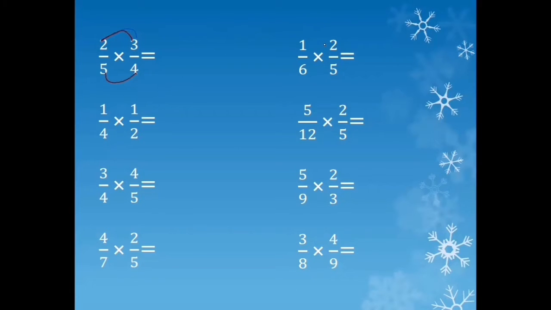What are the steps? 2 multiplied by 3, the answer will be 6, and 4 multiplied by 5 equals 20. So the answer will be 6 over 20.